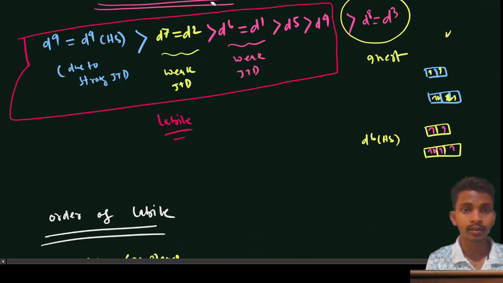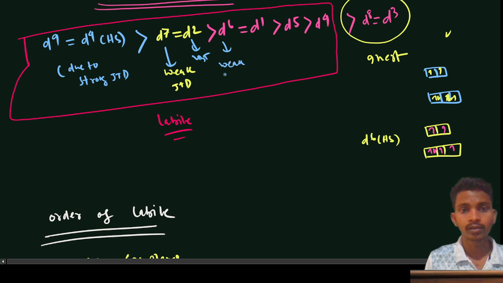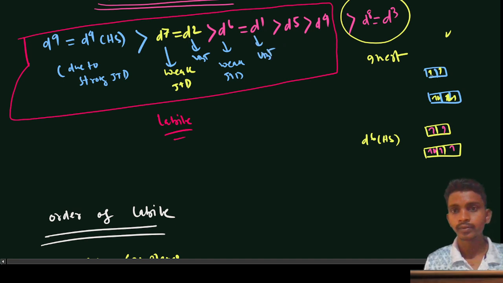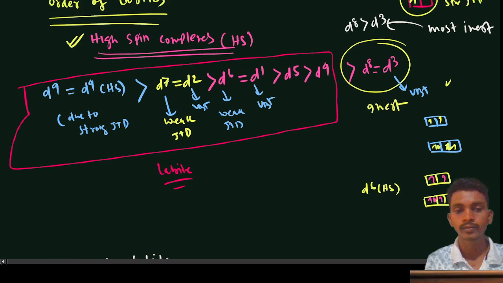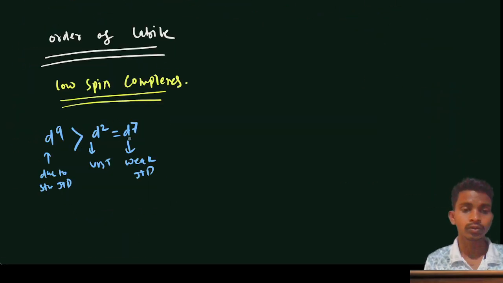Similarly, this is for weak JTD, and this is for BBT. So D2 and D7.